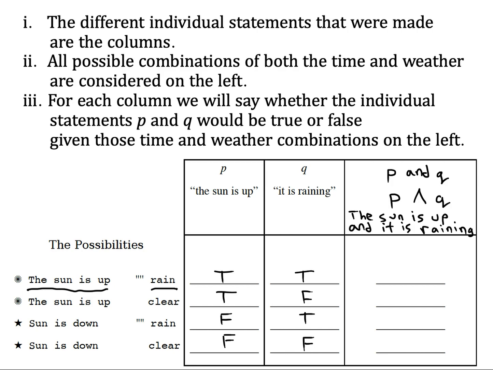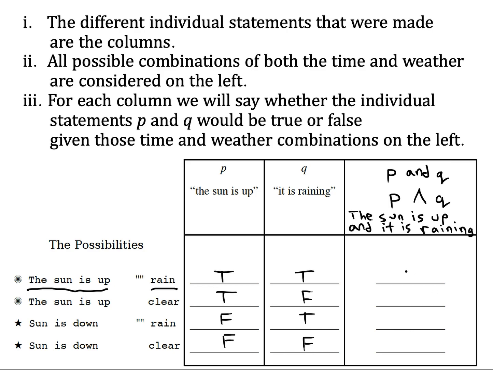Okay, so when did they tell the truth overall? If somebody was to say the sun is up and it is raining, in what row would that statement really be valid? So there's only one row, actually.